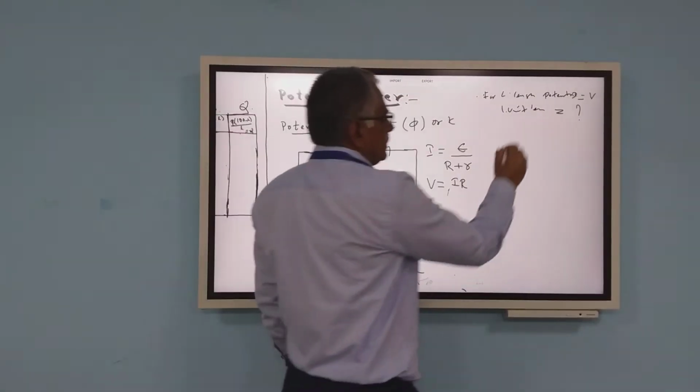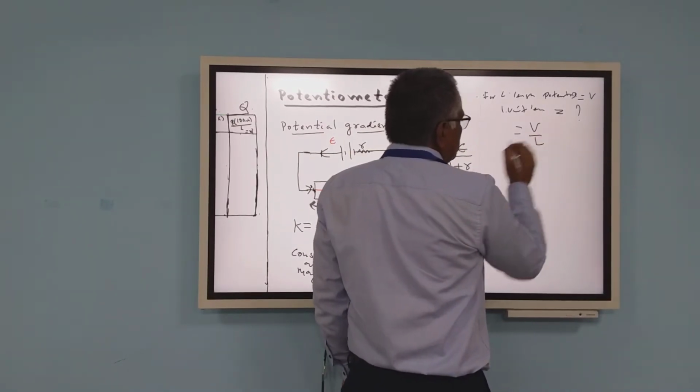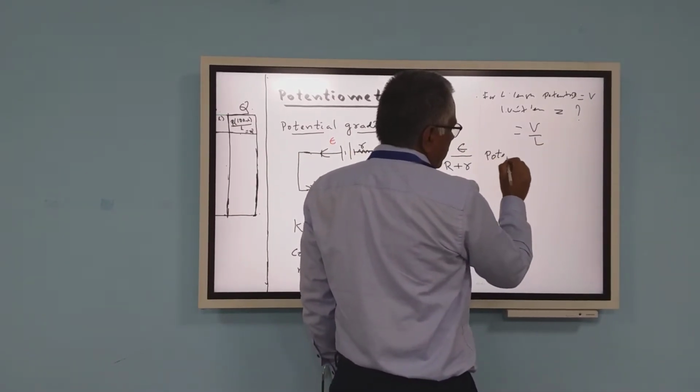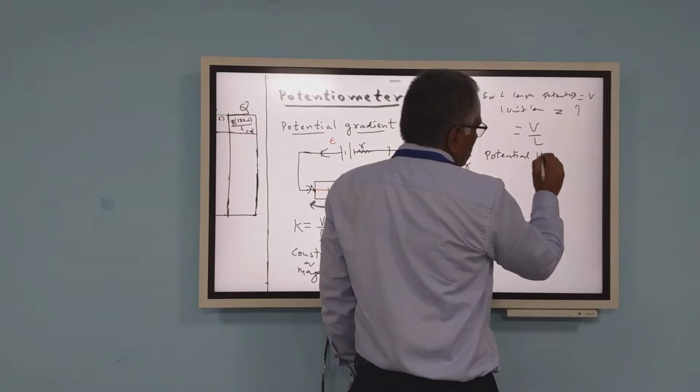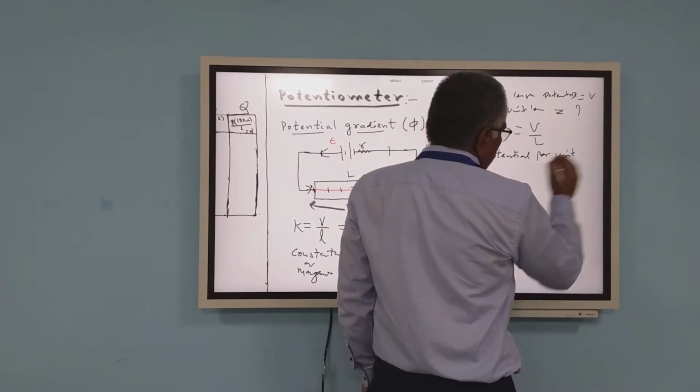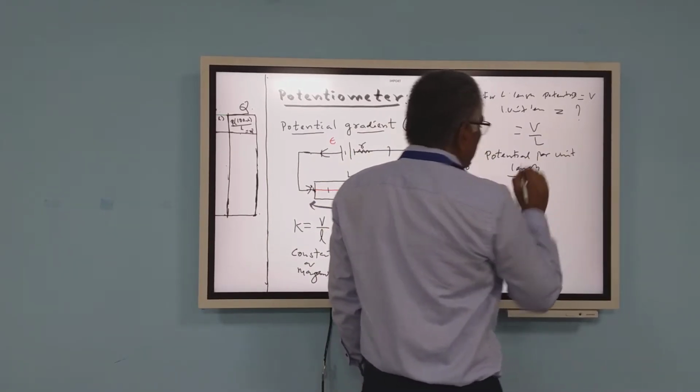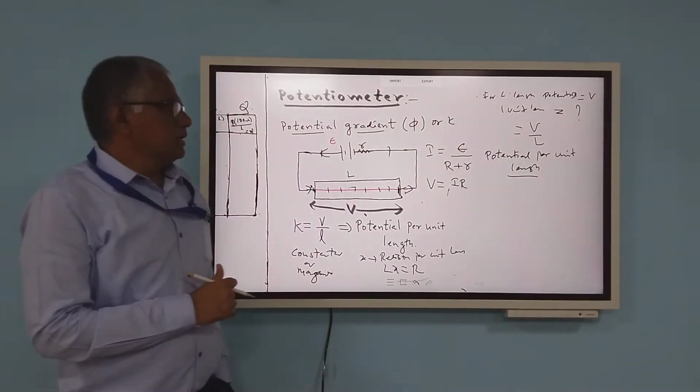This is equal to V by L. This potential per unit length is known as the potential gradient.